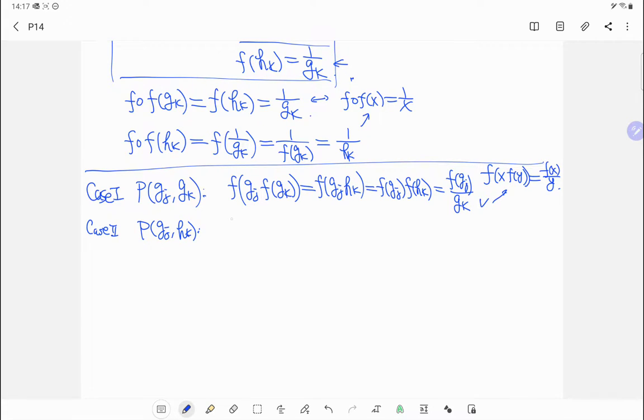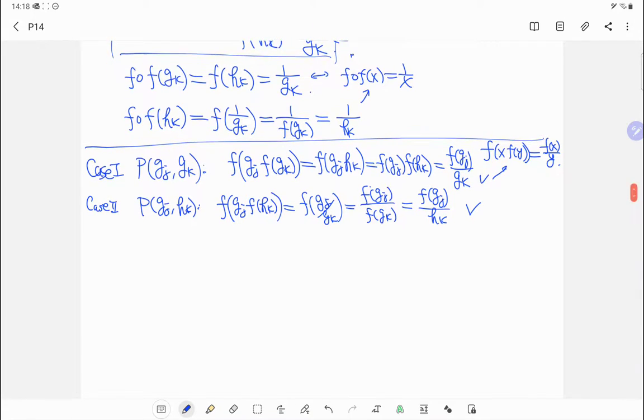So the original function equation will be f evaluated at gj times f of hk, which will be f of gj over gk, and it equals f of gj over f of gk, and thus it is f of gj over hk. So it also satisfies the original function equation.